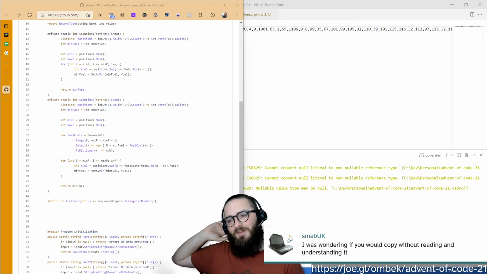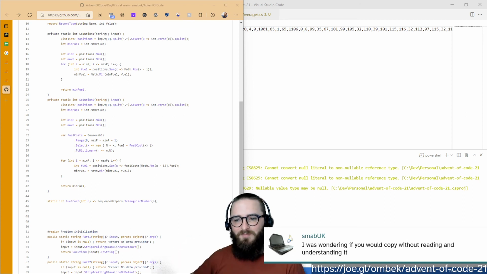I'd worked out that factorial wasn't what I wanted, but someone used mode and median. Mode? I can't understand how mode would be useful. Yeah, I can't understand that at all.